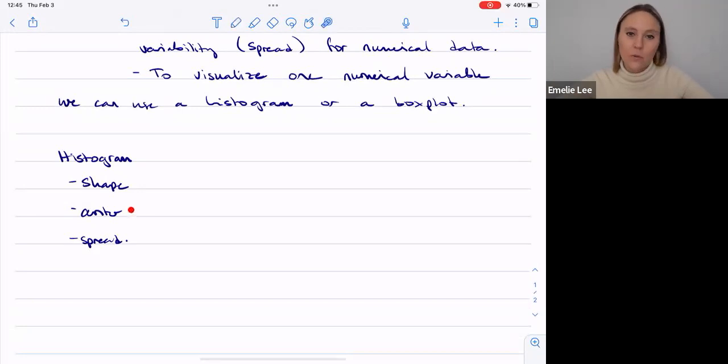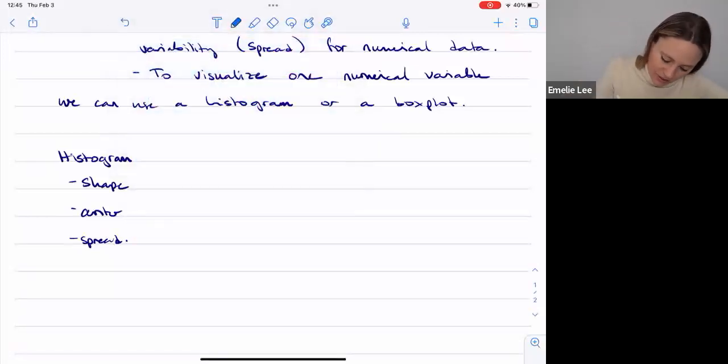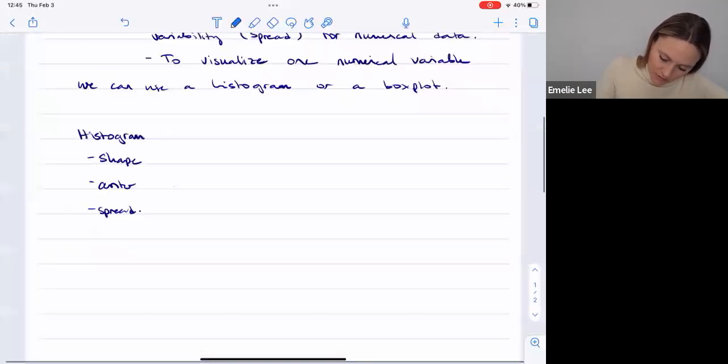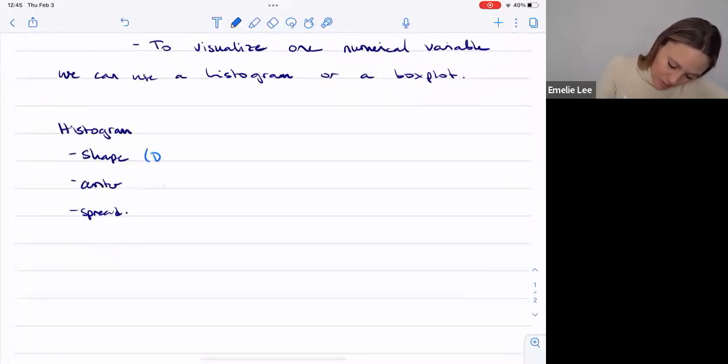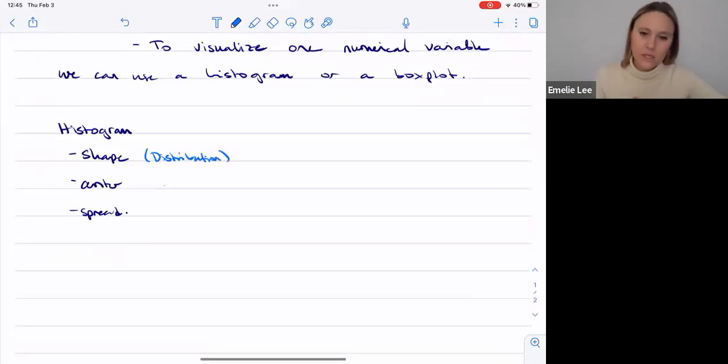I can figure out the approximate center, or the location, and the variability. If we use our new terminology, the shape we're going to start calling the distribution. I'm just throwing that in there.